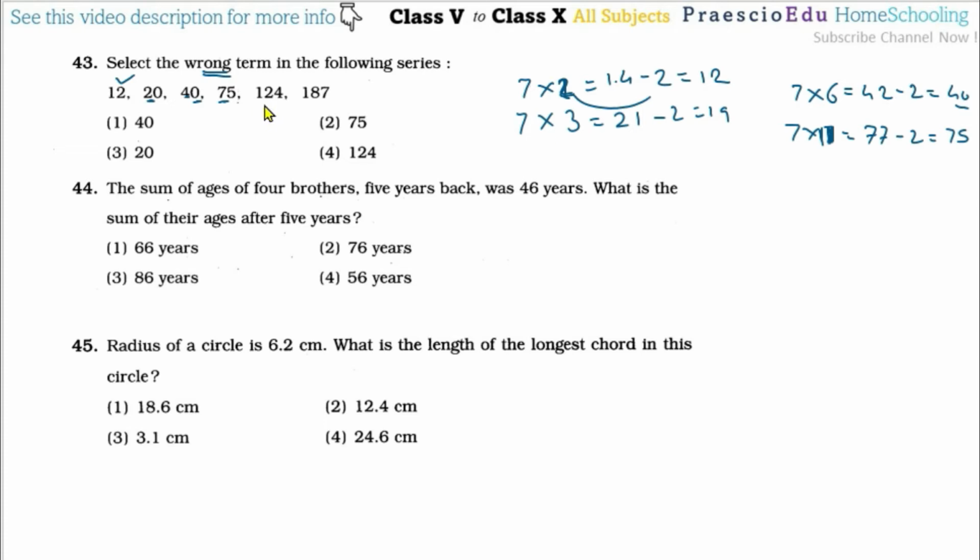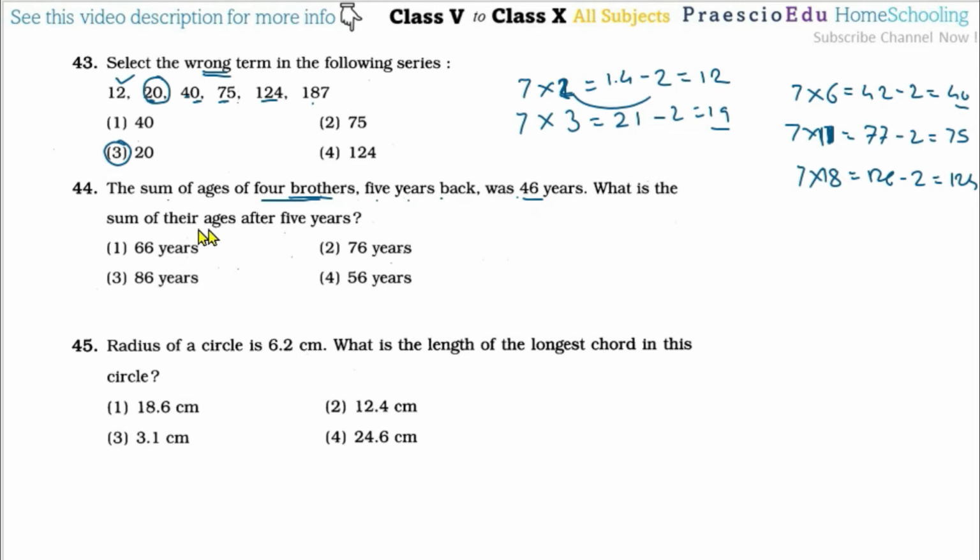Then 7 multiplied by 18 we are getting 126, and minus 2 we are getting 124, so that is here. So same here also, but instead of this 19, the number 20 comes, so that's why 20 is a different term.